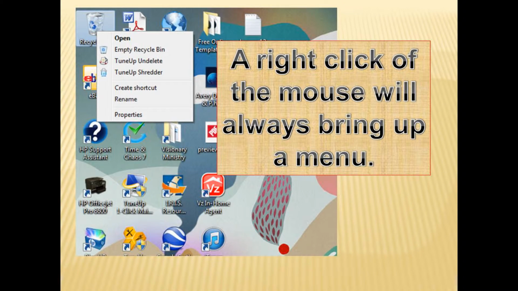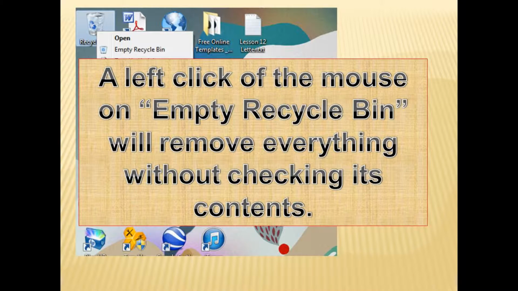Take notice this recycle bin now shows that it has files in it, and the second item down will tell you that you can empty the recycle bin, and everything without any questions will be removed. However, you should get a confirmation of that taking place.